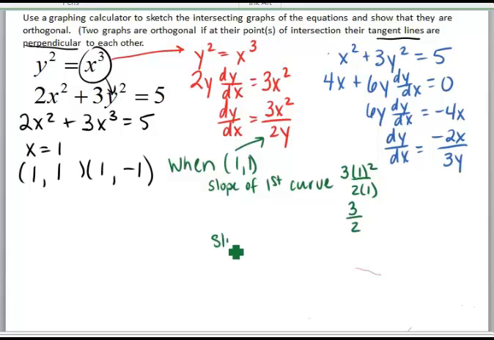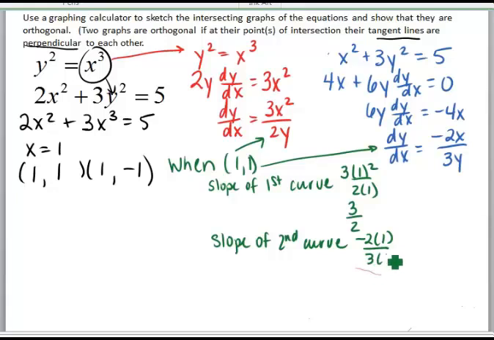The slope of the second curve at (1, 1) would be this one. It would be negative 2 times 1 all over 3 times 1. So we get negative 2/3.